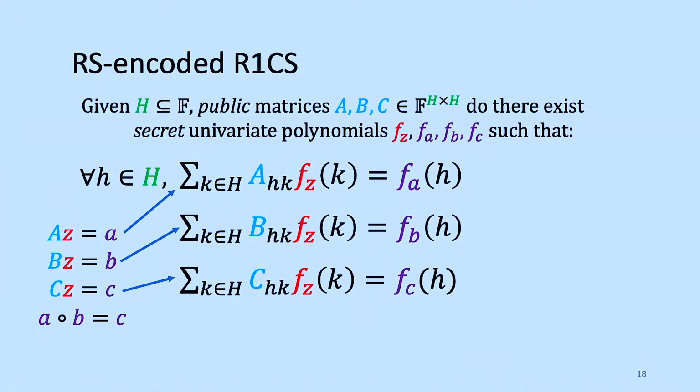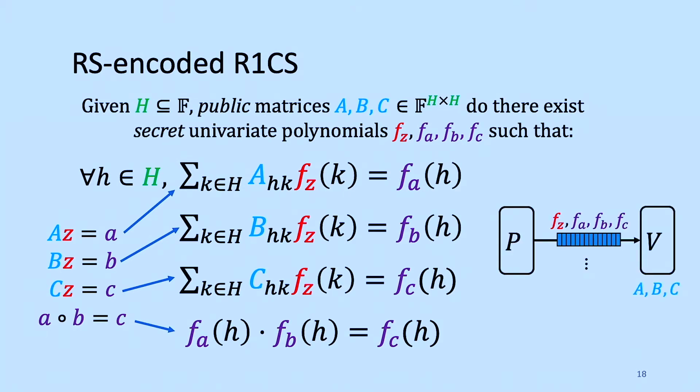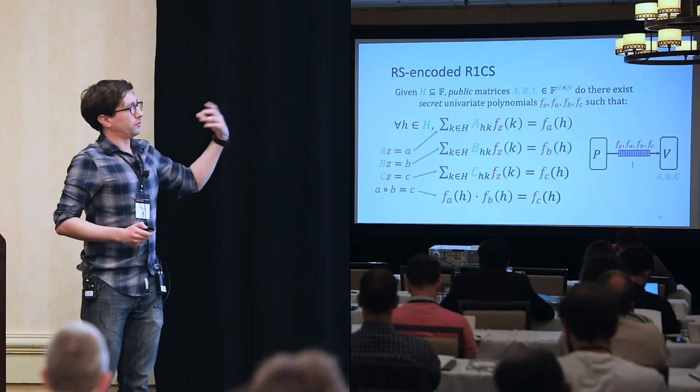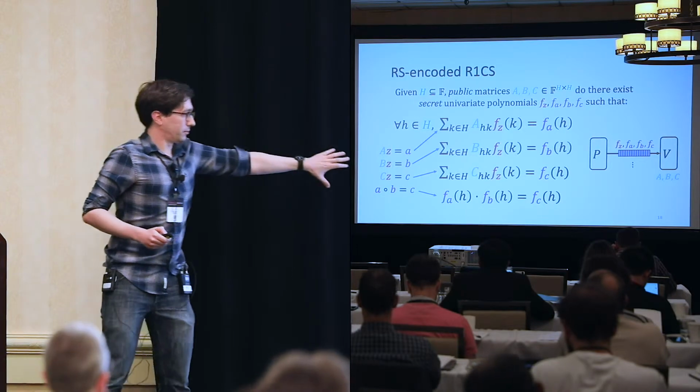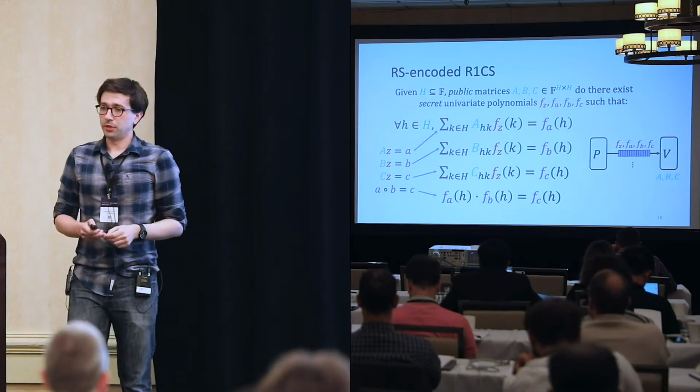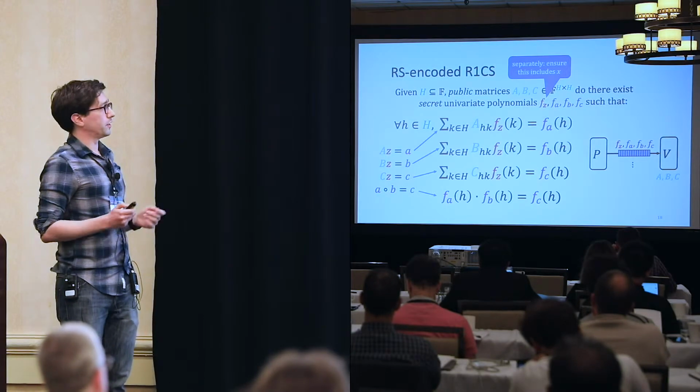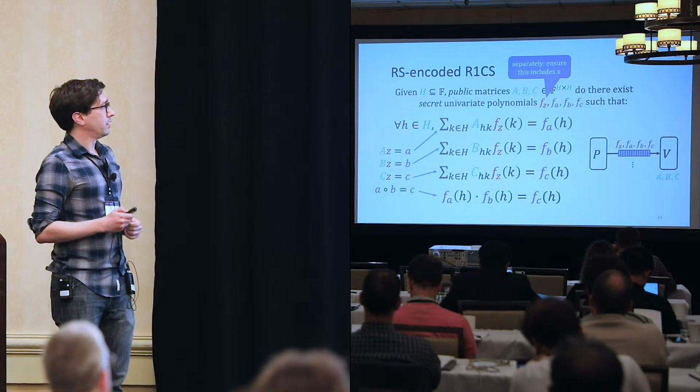And I have similar things for A, B, and C. And then this one, which is very simple, is just saying that the product of each of these at every point in H corresponds. So don't worry too much about what these exactly are. They're just the equivalents of these statements in the Reed-Solomon encoded world. And then separately, I need to check that this FZ actually encodes X correctly. OK.